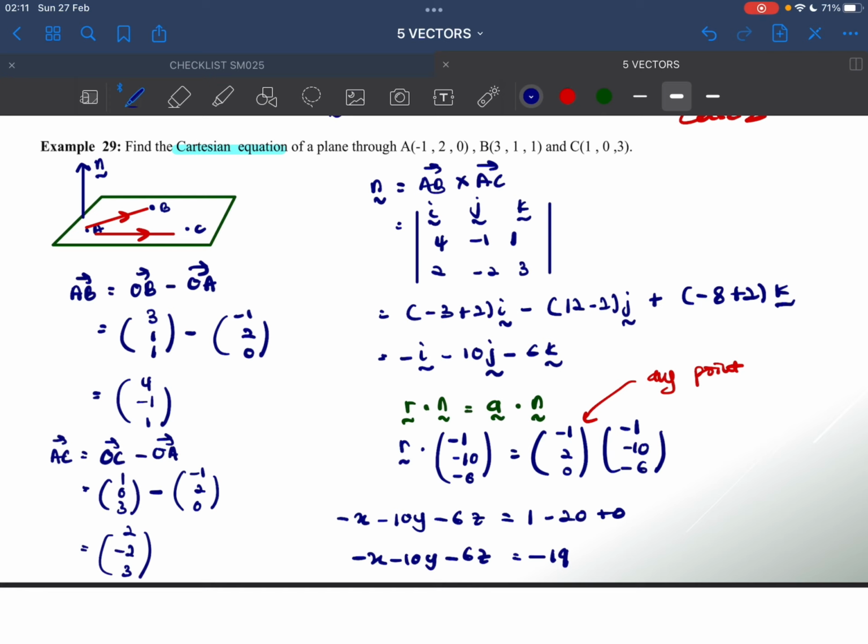You can just divide everything by negative 1, and we have x plus 10y plus 6z equals 19. So this is our Cartesian equation of the plane. Very easy, it's not that complicated. You just have to find the normal by finding the cross product between two vectors. But if you don't have the vectors, you have to find the direction vectors first.